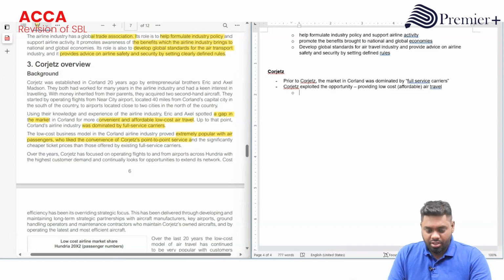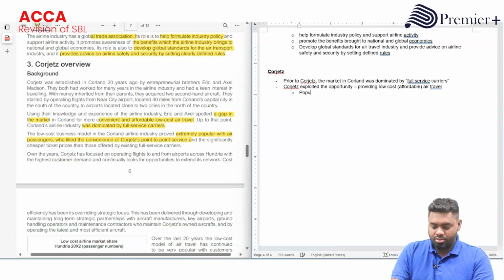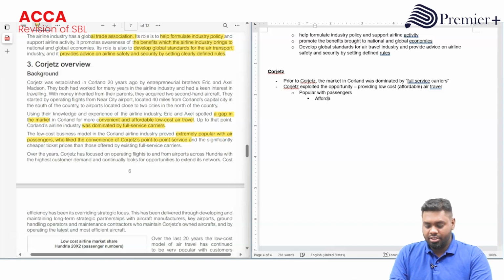And this became extremely popular with passengers. Two reasons: one is its affordability, next is its point to point service.